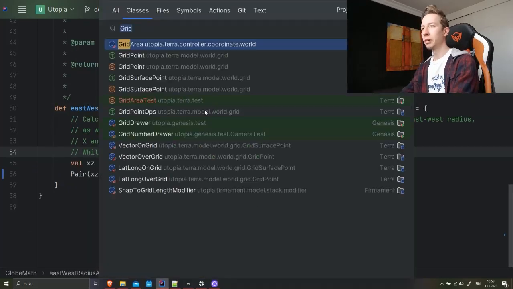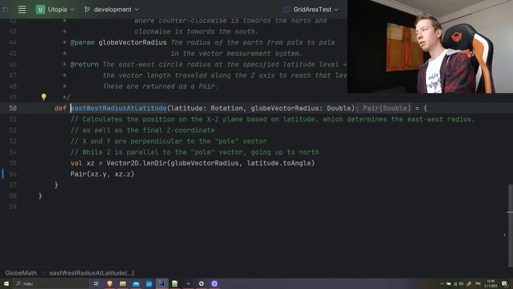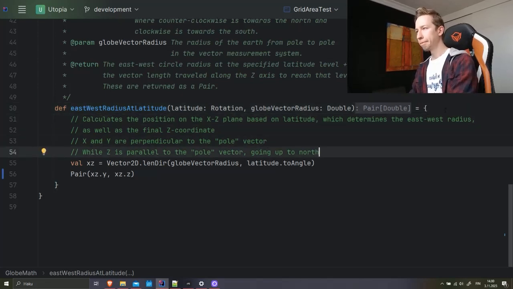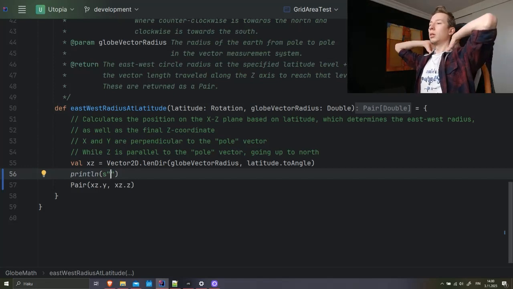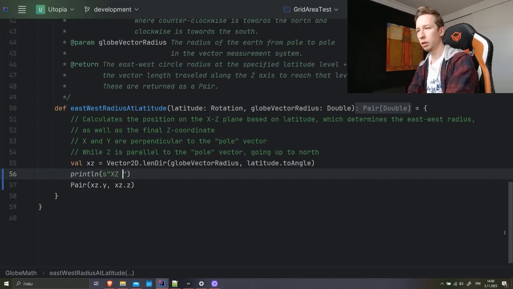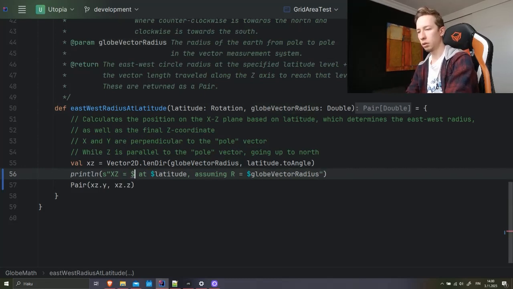Now I'm a bit disappointed. Well, I guess we need to go here. So x, z at latitude, assuming r equals vector radius, yields xc.